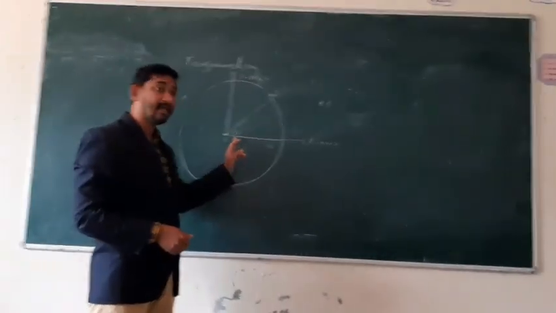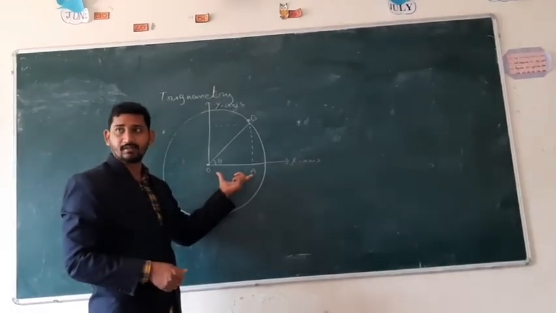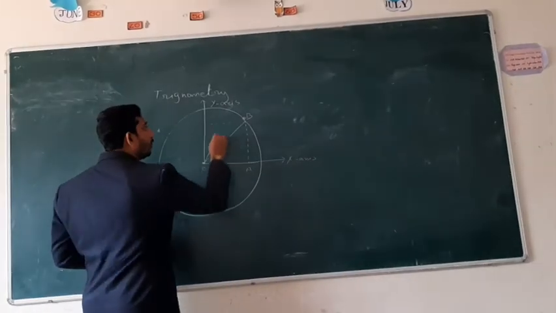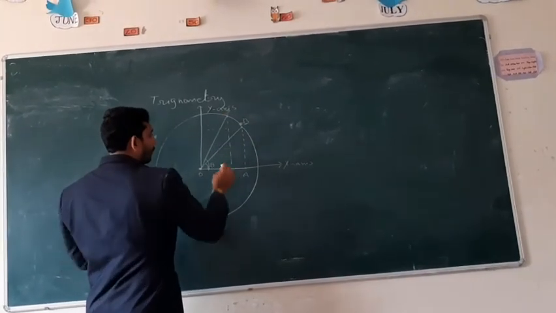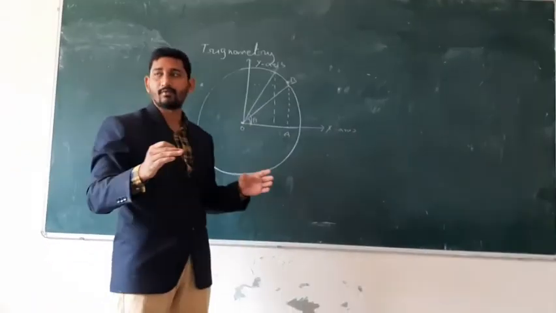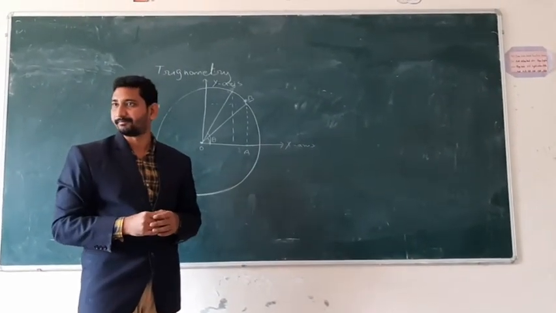If we know this angle, then we can estimate this length. If the angle is different, the length will also be different. See, if there is more angle, is the length changed or not? Yes, sir, it depends upon the angle. So we have to study about these angles.